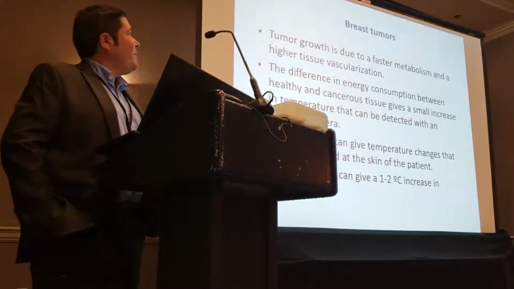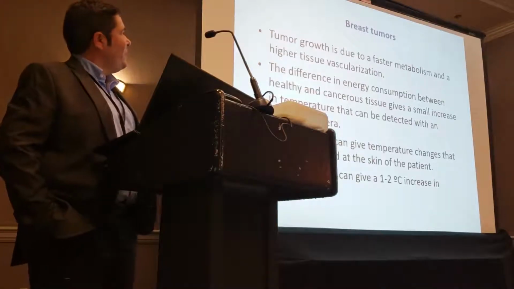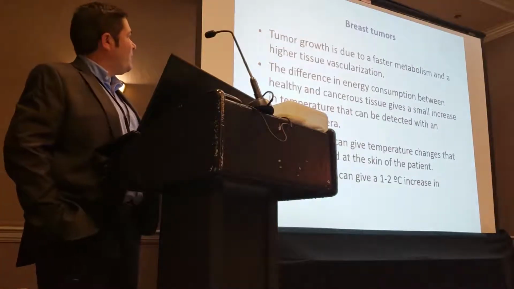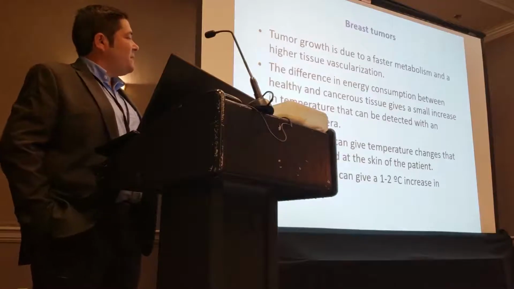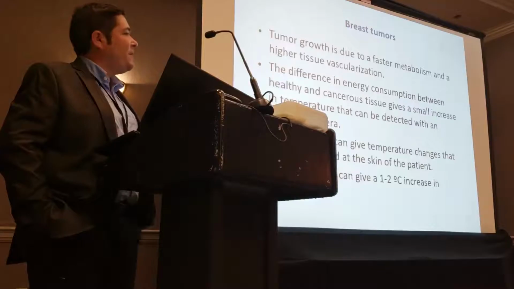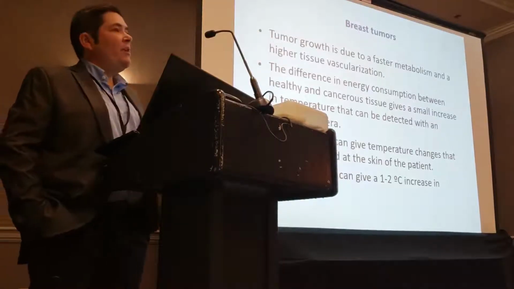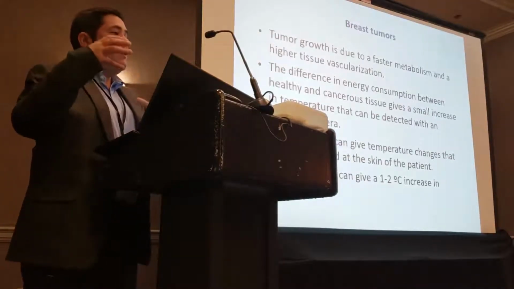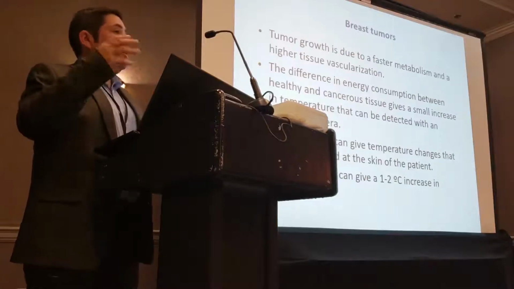And also we have that, in particular breast tumors, which is what I'm going to talk about here, since they have a faster growth rate, they have a higher metabolic heat generation, and in order to keep that higher growth rate, they need more food, right?